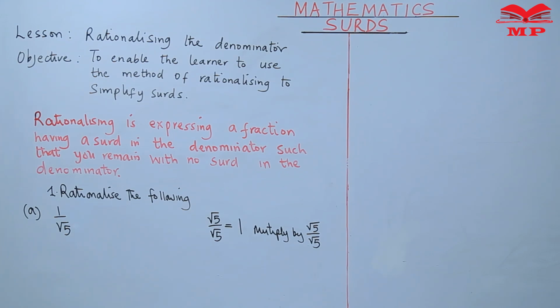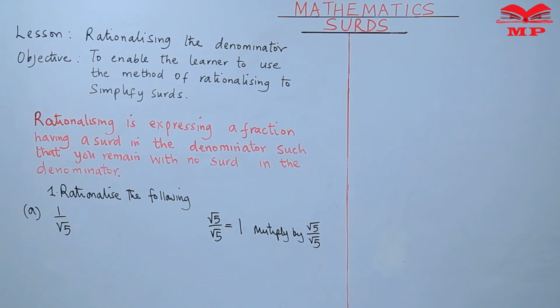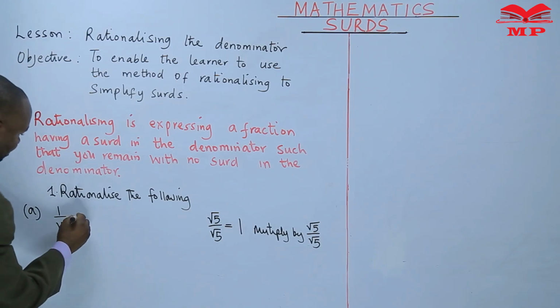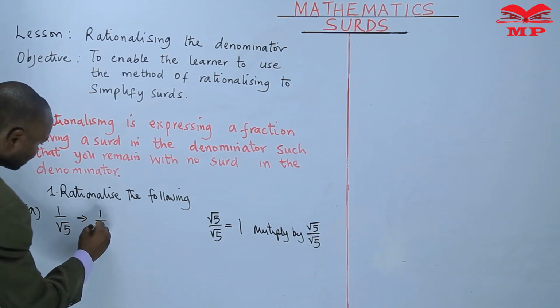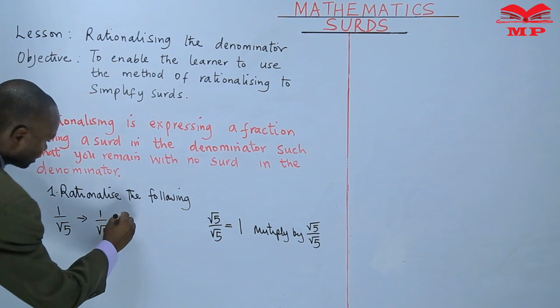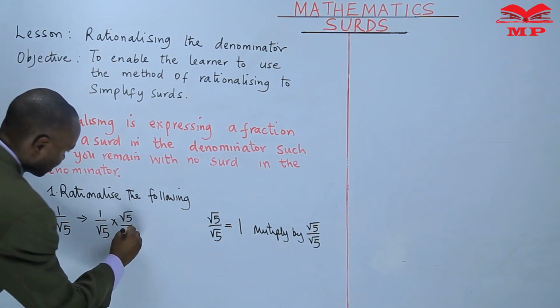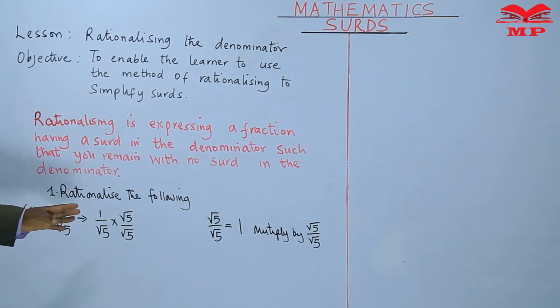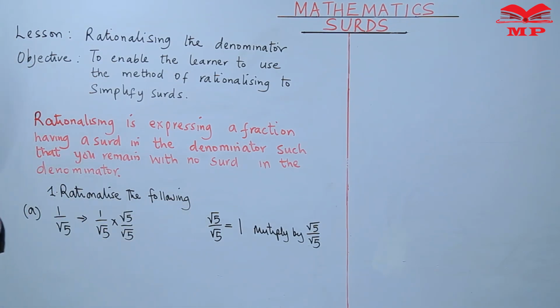That's why the method is used to simplify. So this will become 1 over square root of 5 times square root of 5 over square root of 5.